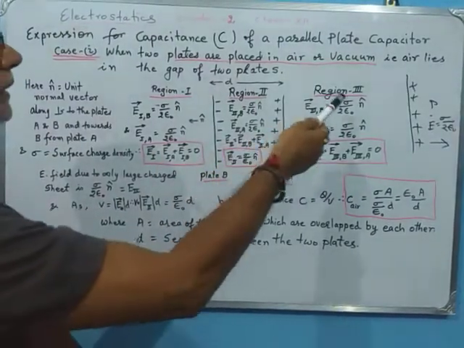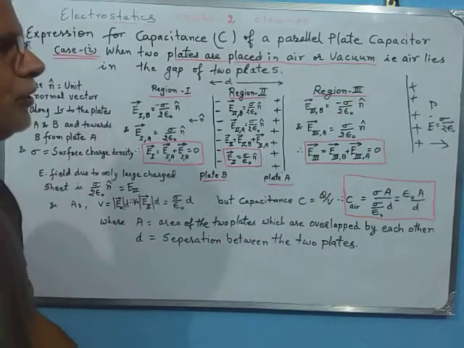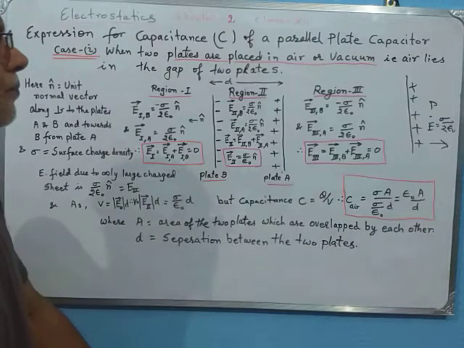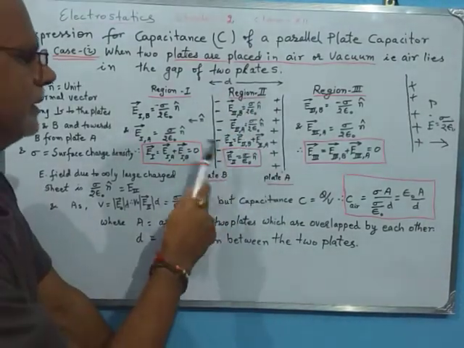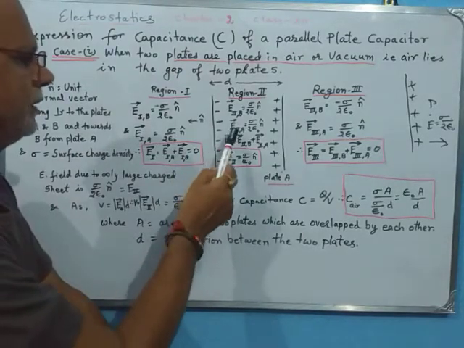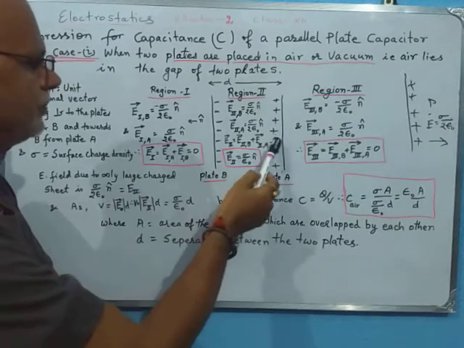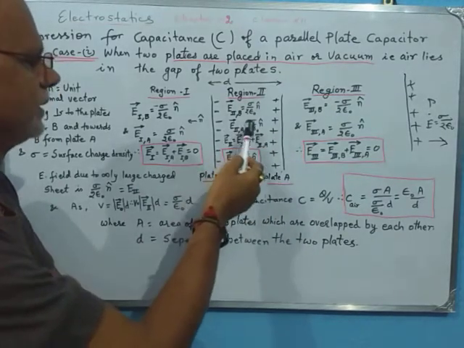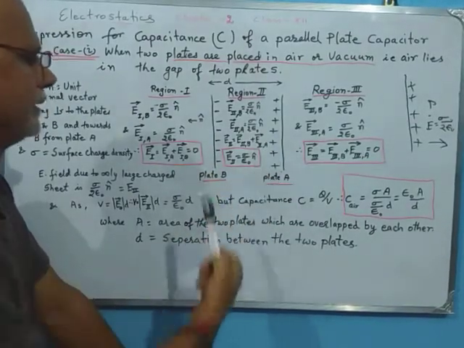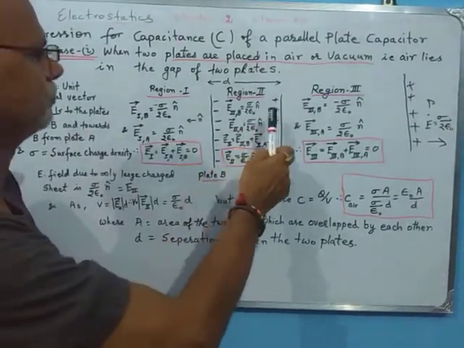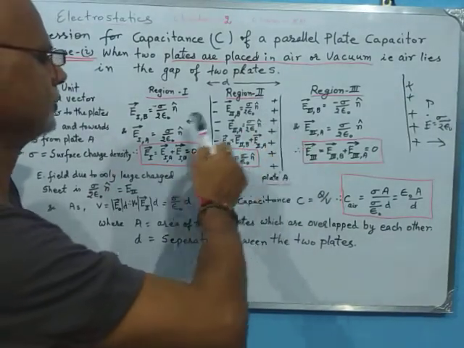Now similarly, in same fashion for region 3 we will have electric field 0. But when we talk about region 2, the negatively charged plate will have an electric field directed perpendicular to the plate and towards plate B from plate A. So that means the electric field direction will be from my right to left.